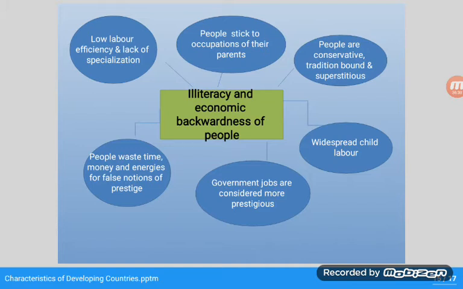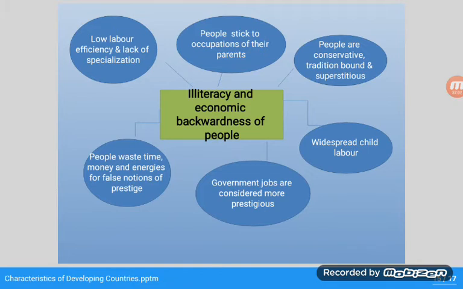Okay, if I speak of my country, Pakistan, I can see that labor efficiency is very little, and their specialization is very trivial. They are not efficient enough, they do not work to their full potential. Why? Basically because they are not educated enough. Secondly, they do not have good capital to work with, so their efficiency remains low.